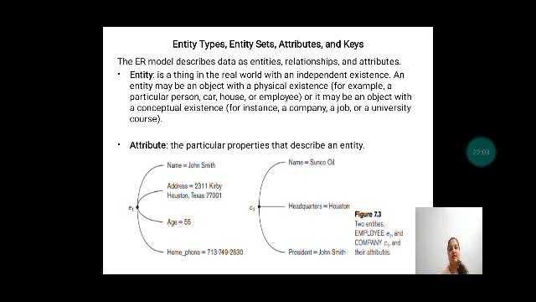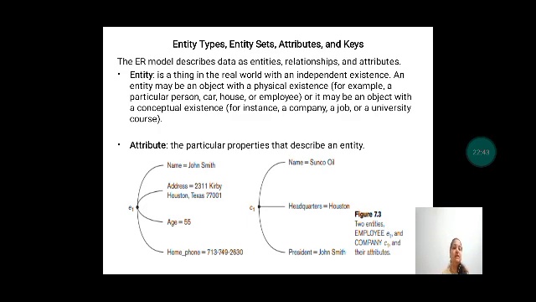An entity is a thing in the real world with an independent existence. It can be a physical existence or a conceptual existence. Physical existence means car, person, house, employee, chair, table, pen. Similarly, job and course are concepts, so these can also be considered entities.